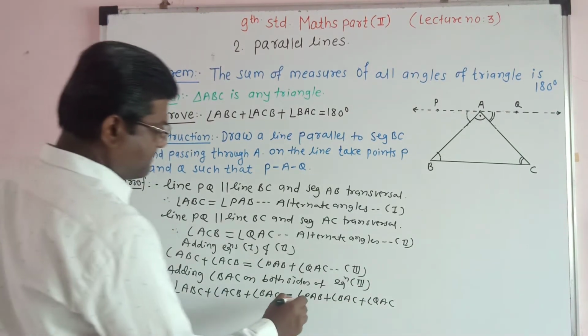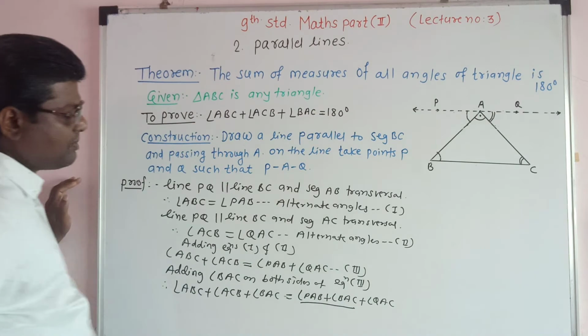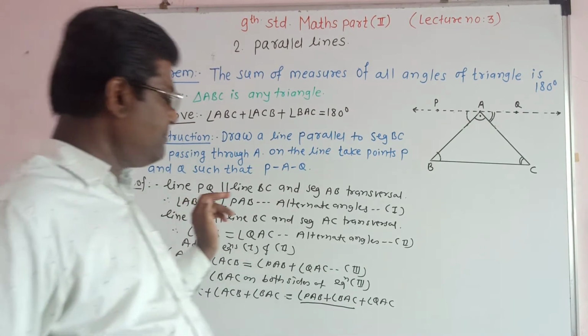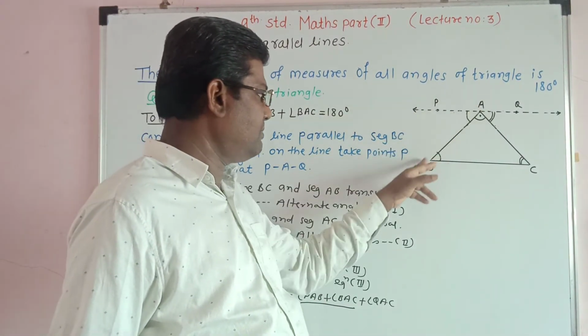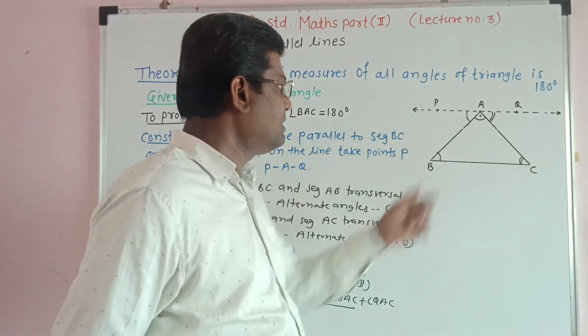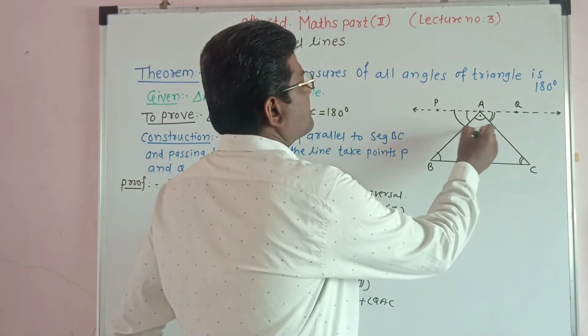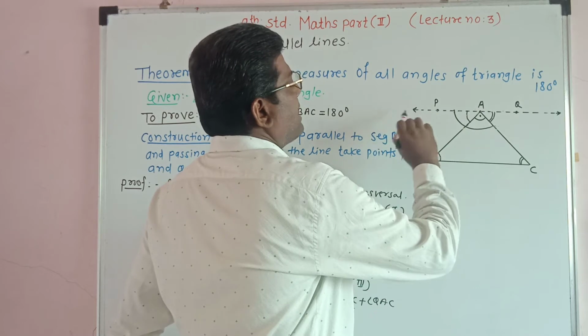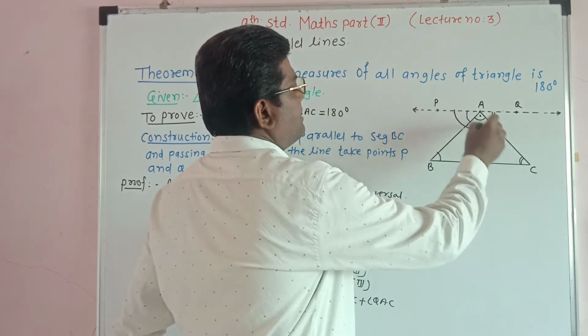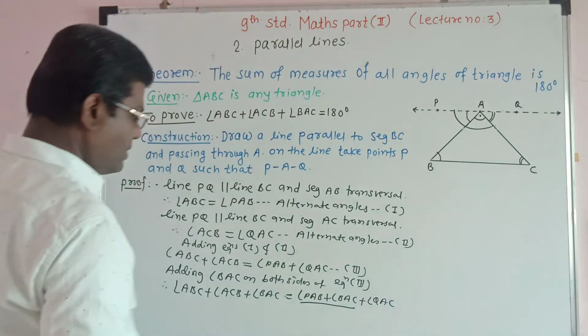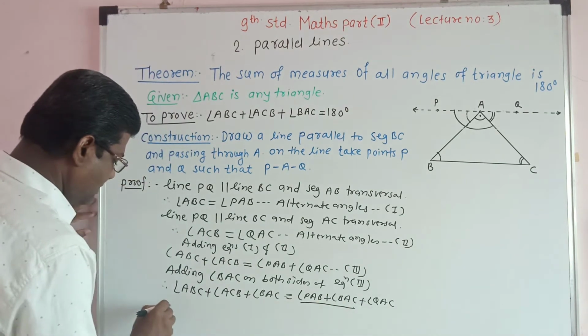Now let's see the sum of angle PAB and angle BAC. The addition of these two angles will be angle PAC. So we write here angle PAC.